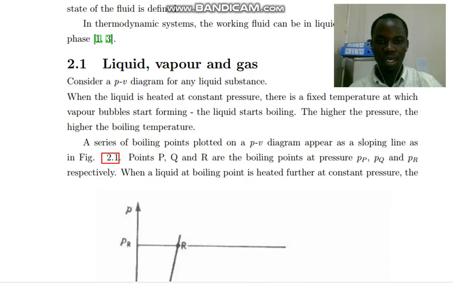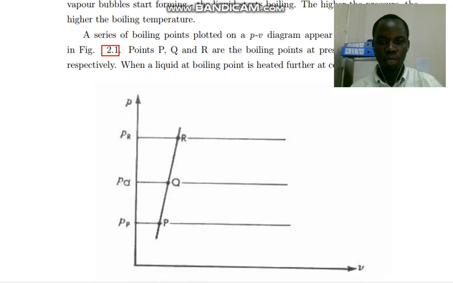Consider the pressure volume diagram for any liquid substance. When the liquid is heated at constant pressure, there is a fixed temperature at which vapor bubbles start forming. The liquid starts boiling. The higher the pressure, the higher the boiling temperature. A series of boiling points plotted on a pressure volume diagram appear as a sloping line, as in figure 2.1 here.